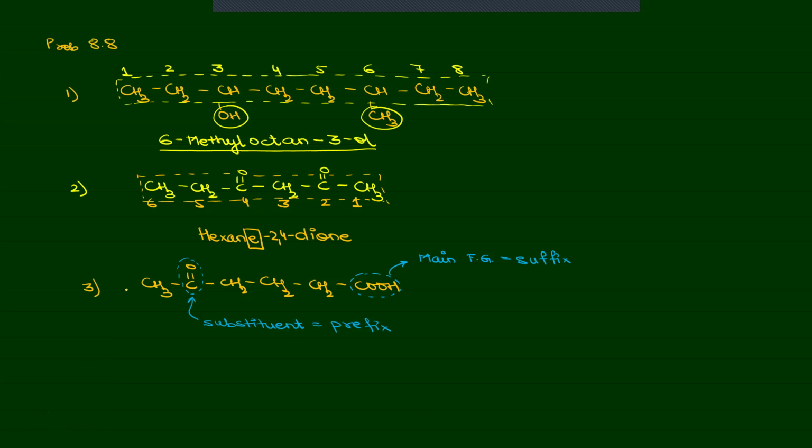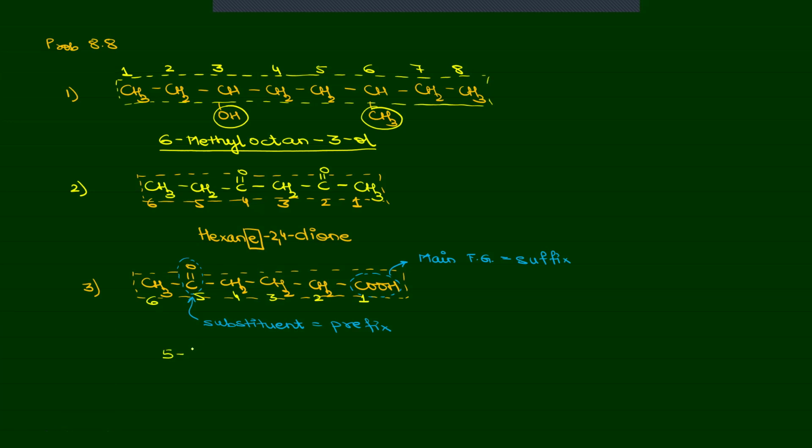The prefix is oxo. So applying the rule, the longest chain is the complete chain of 6 carbon, including the carbon of the COOH. Numbering is with respect to the main functional group, hence we need to do it from the right side: 1, 2, 3, 4, 5, and 6.